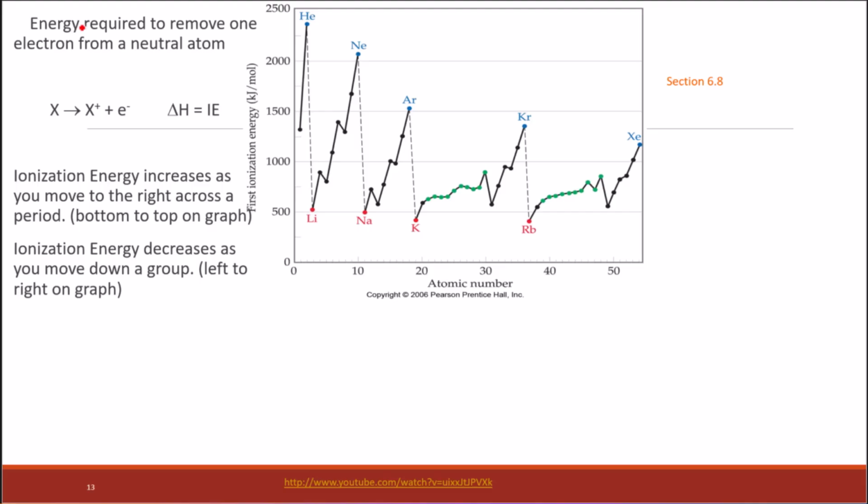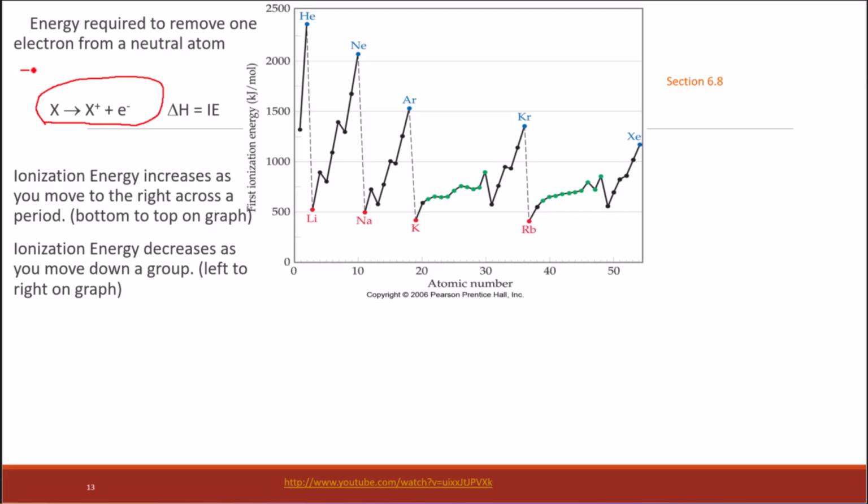Okay, let's take a look at the energy required to remove an electron from a neutral atom. One thing, we call this ionization energy, and it is specifically the amount of energy required to remove one electron from an atom. So this is the equation for ionization energy. You have an atom or an ion over here on the left side, on the reactant side.